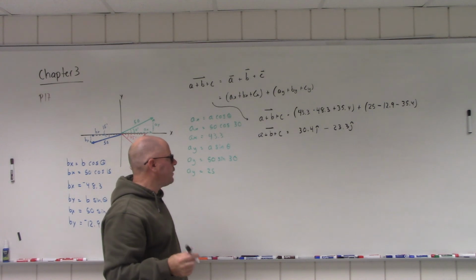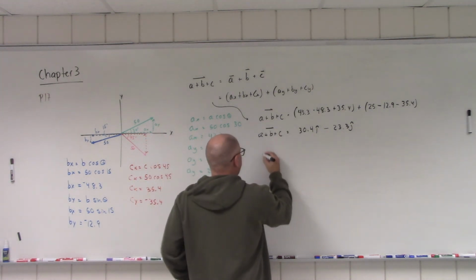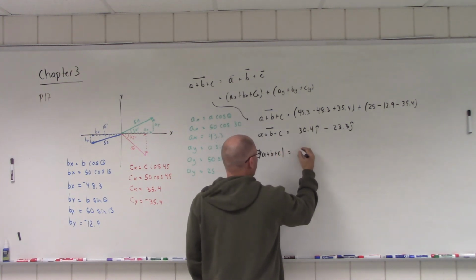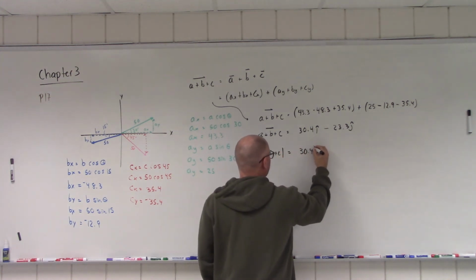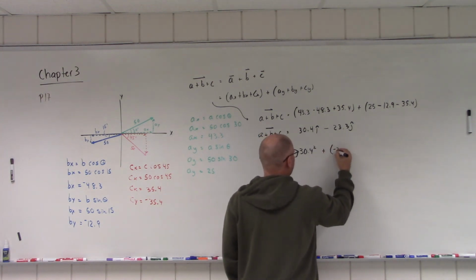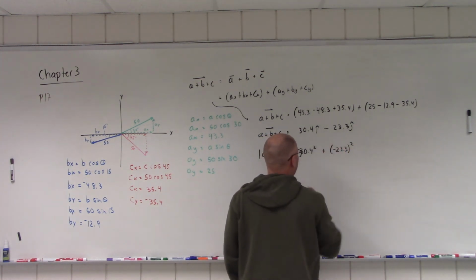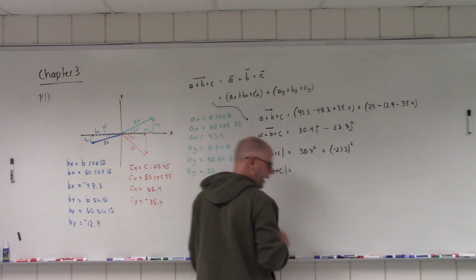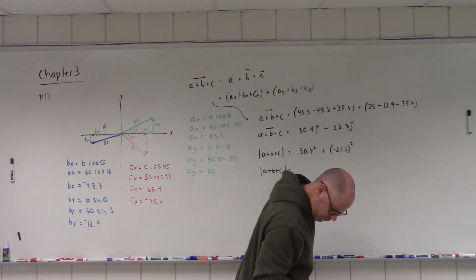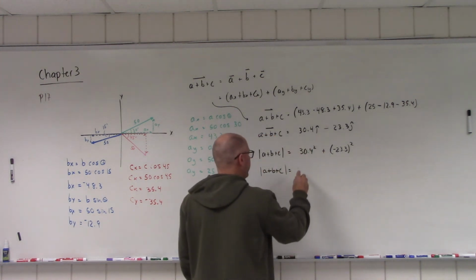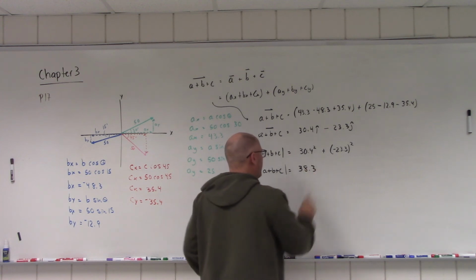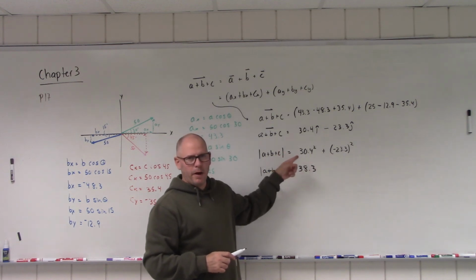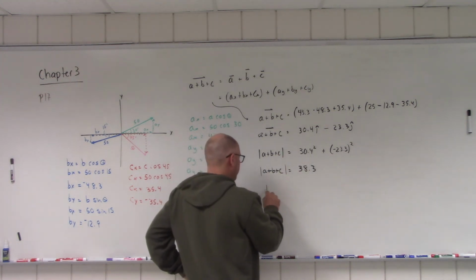And now if I want to get the magnitude and direction, to get the magnitude, I'm going to take 30.4 squared plus negative 23.3 squared. So A plus B plus C, the magnitude of that is equal to 38.3, which makes sense in terms of it's bigger than either of those, but smaller than the arithmetic sum. And again, I'm going to get the tangent.